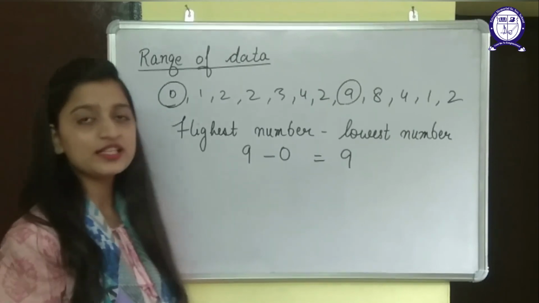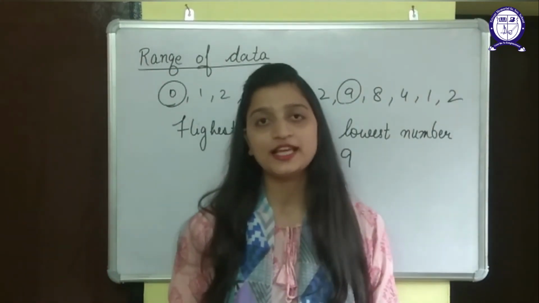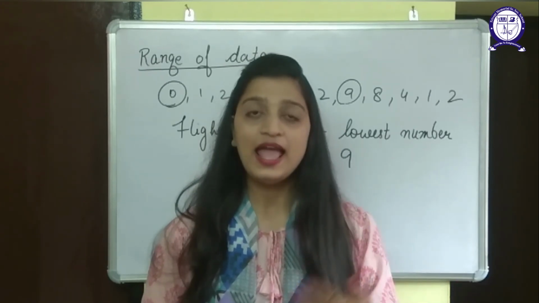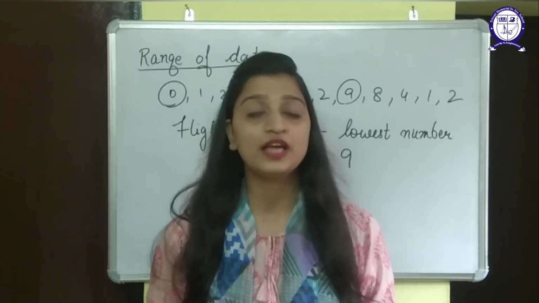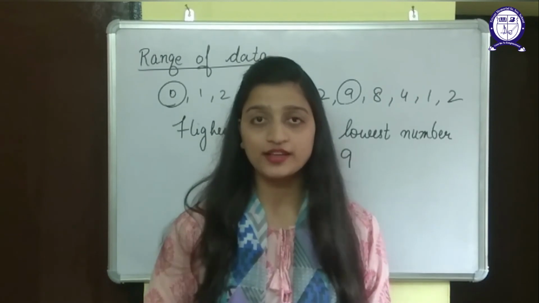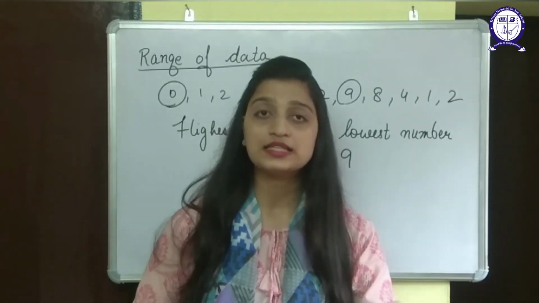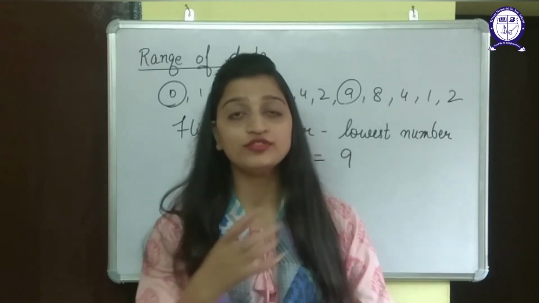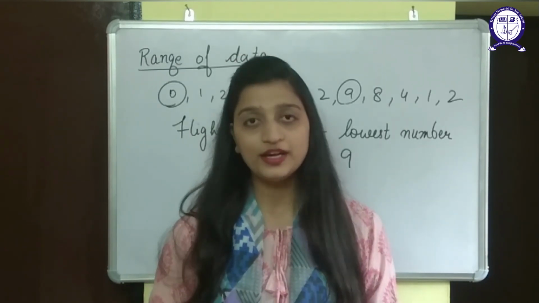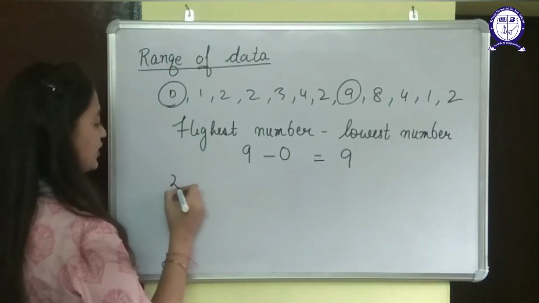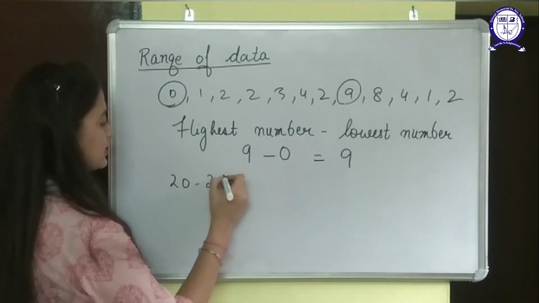So in the frequency distribution table, different questions can be asked, like form the distribution table based on the data, and then different questions can also be asked, like what is the range of data. If you are making a grouped distribution, they can ask what is the class size, or what is the class mark of this particular class interval. For example, you are given 20 to 27.